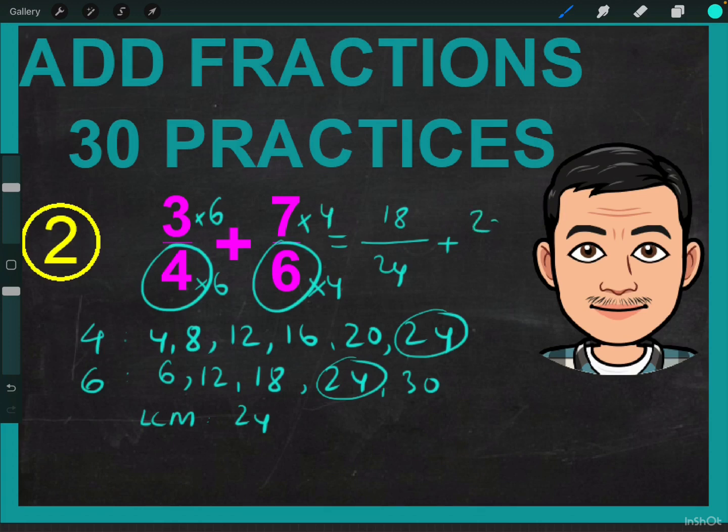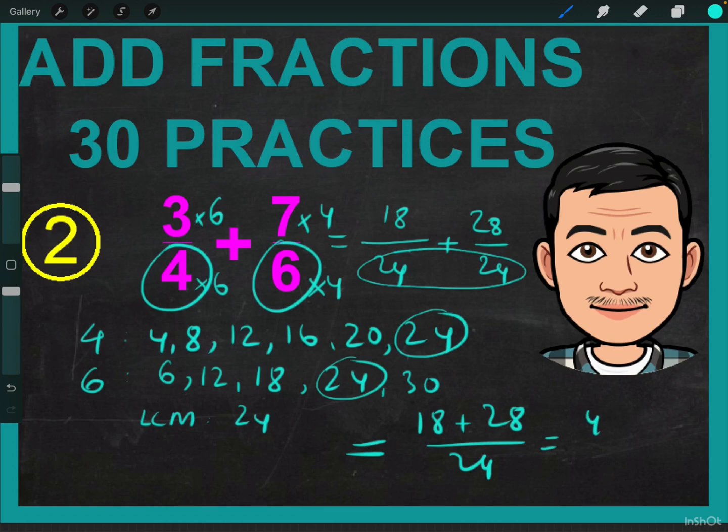We got 28/24. Now the two fractions have the same denominator, so we just add 18 and 28 over 24, which equals 46/24.